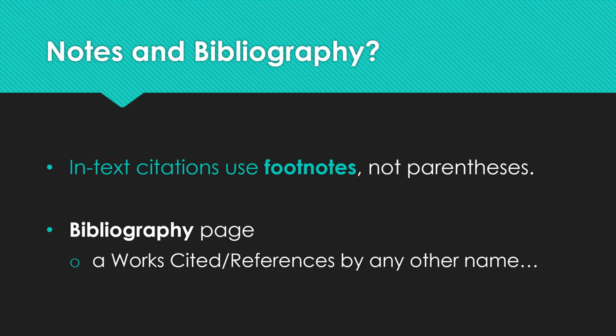Again, if you have a footnote citation in your paper, it signals that a corresponding full citation can be found in the bibliography. If you list a source in the bibliography, you will have a matching footnote in your paper. There are, like I said, some exceptions to this rule.